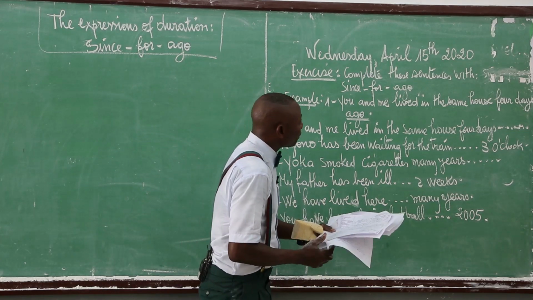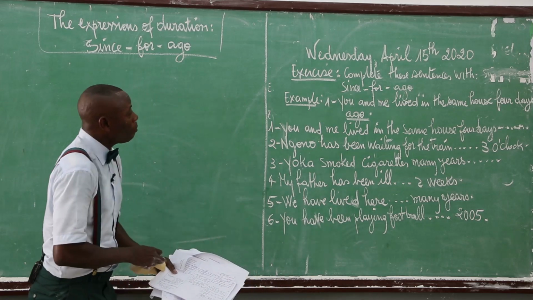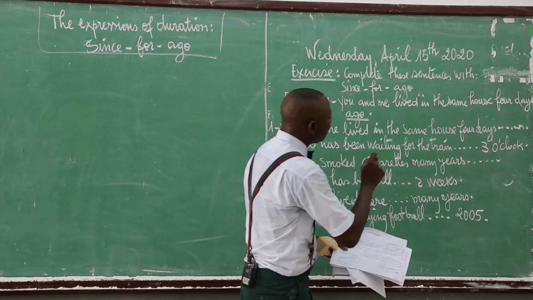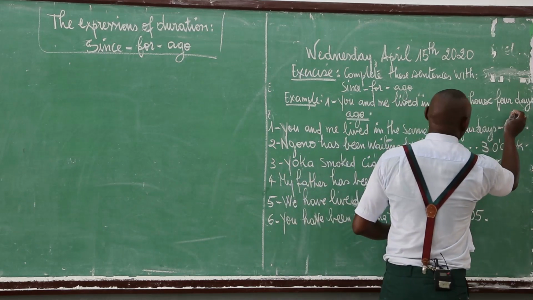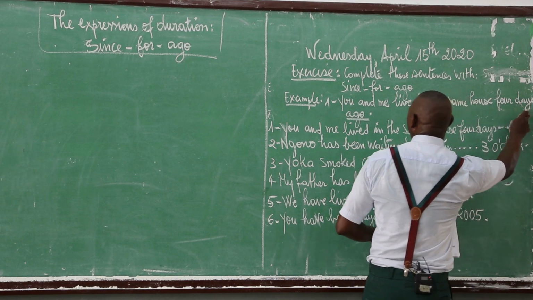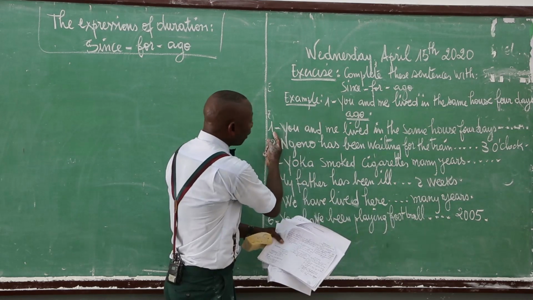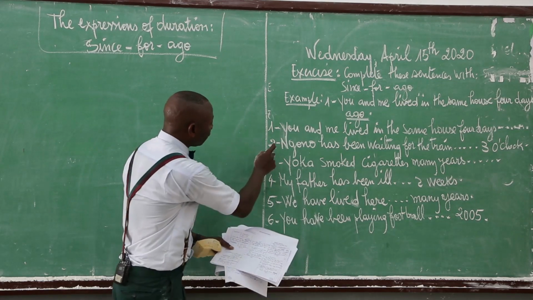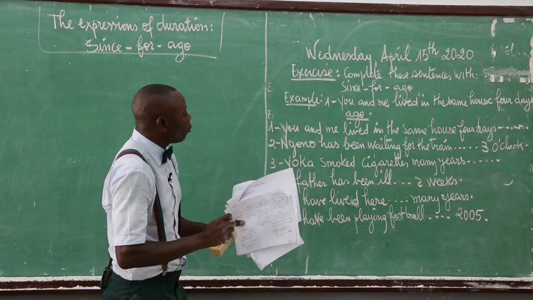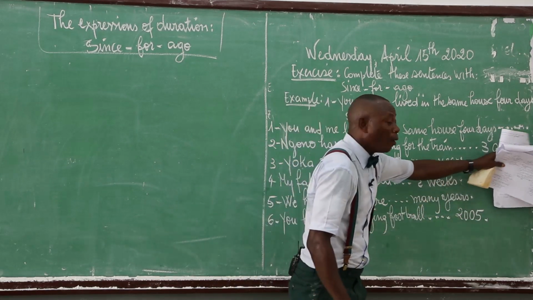Complete the sentences with since, for, ago. Example: you and me lived in the same house for 4 days ago. So the answer for number 1 is given. It is ago, okay? Now continue with number 2. Gono has been waiting for the train 3 o'clock.